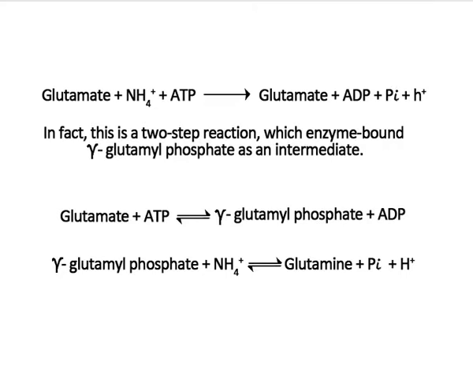It is a two-step reaction in which enzyme-bound gamma-glutamyl phosphate acts as an intermediate. Similarly, the synthesis of asparagine is catalyzed by asparagine synthetase in the presence of ATP. These amides act as reserve compounds of ammonia for the synthesis of amino acids, and they release ammonia by deamination reactions whenever there is a need for ammonia.